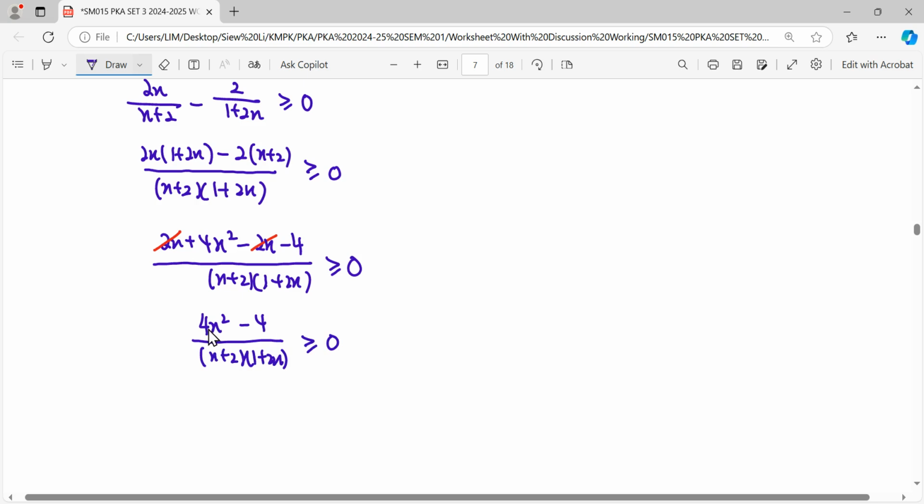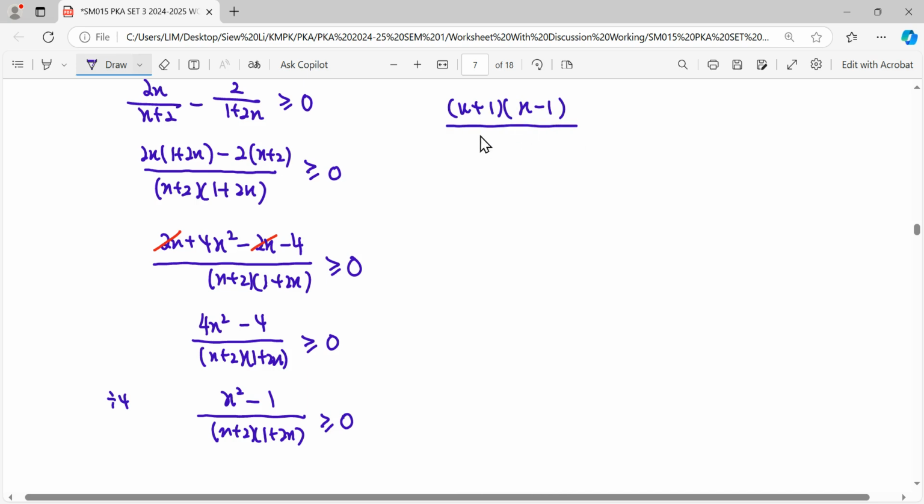Before we factorize, we can divide by 4 to simplify this quadratic so that it becomes x squared minus 1. Then lastly, we factorize this one, x squared minus 1, it will be x plus 1, x minus 1.